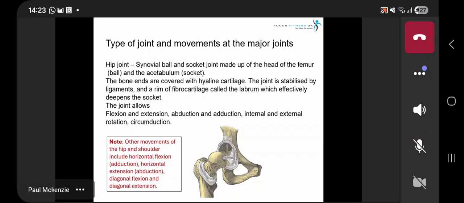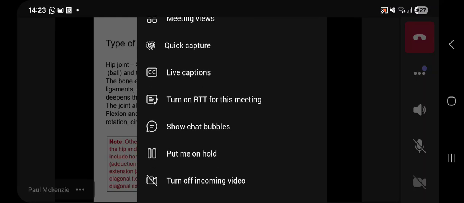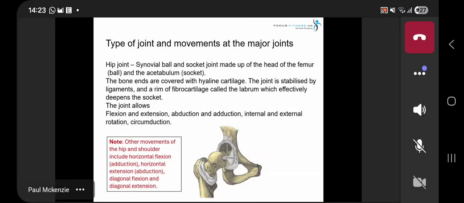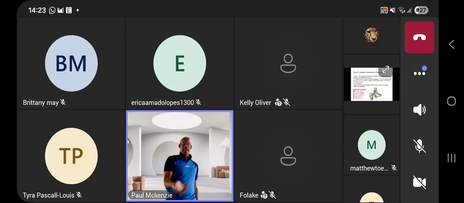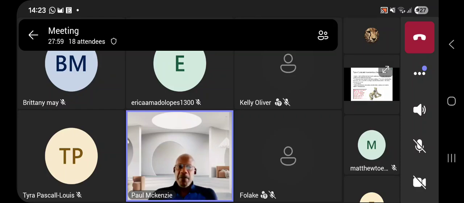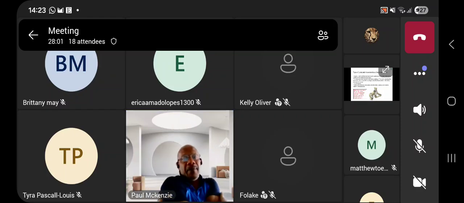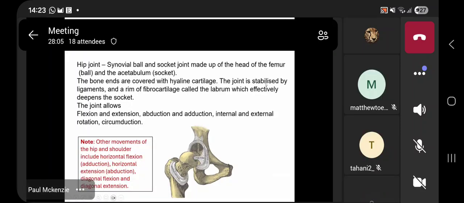So from here, pulling down, or from here, pulling diagonally across. Okay, so going down diagonally. Those are two examples of diagonal extension, and then diagonally upwards, these are two examples of diagonal flexion. Okay, but like I said, for the course, you don't need to know that. That's that. Let's continue here.